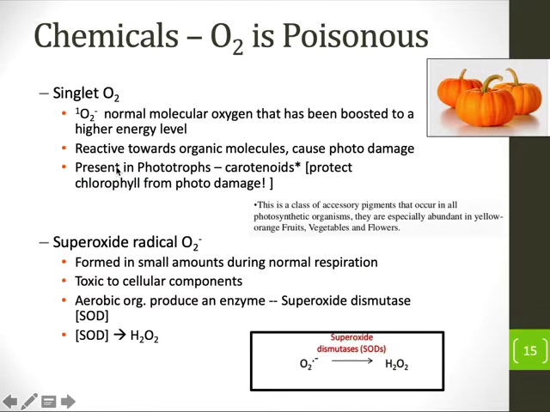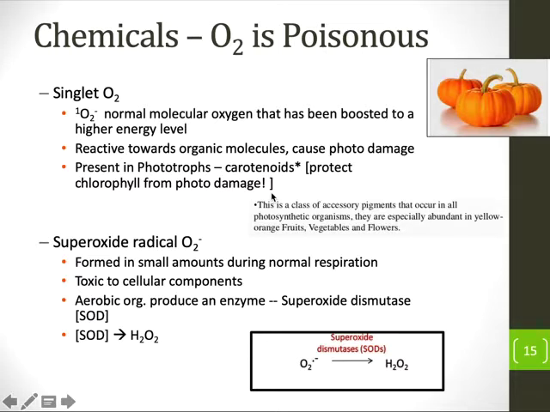So in more detail, you would have singlet species that damage and are reactive to organic molecules, especially in plants that have chlorophyll, because they use the sun's rays and have to trap it. And so they have a protection. They have these pigments, carotenoids, that help protect them.